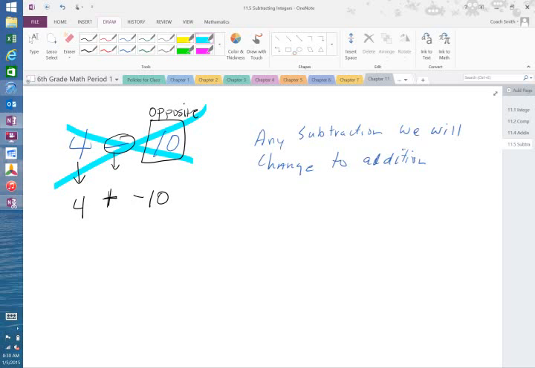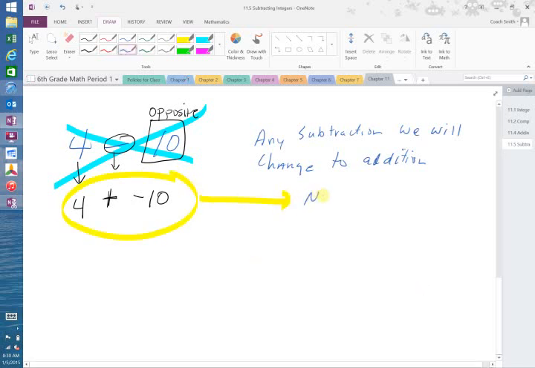So once you get to this point here, now you follow the rules for adding integers.